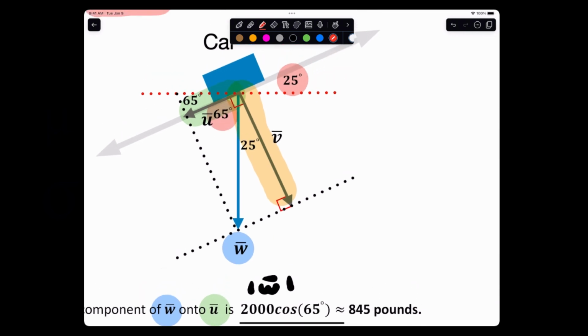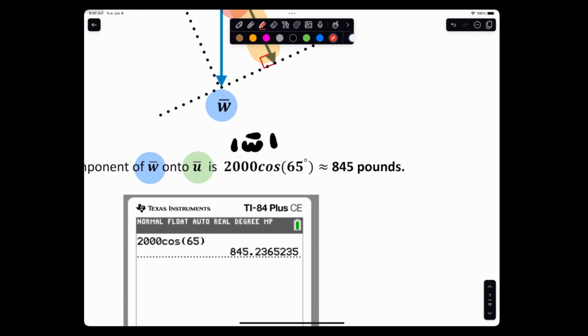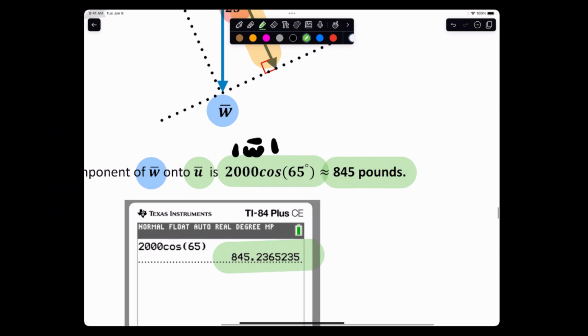The angle between W and V is 25 degrees. So this portion is my component form, 2,000 cosine 65, which will give you 845 pounds, approximated to the whole number, 845.